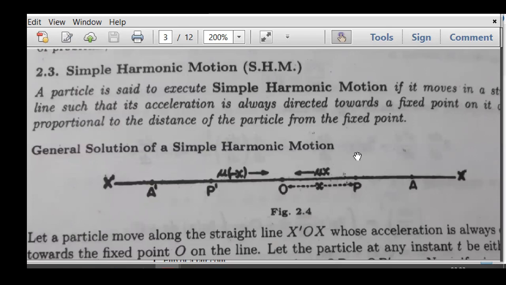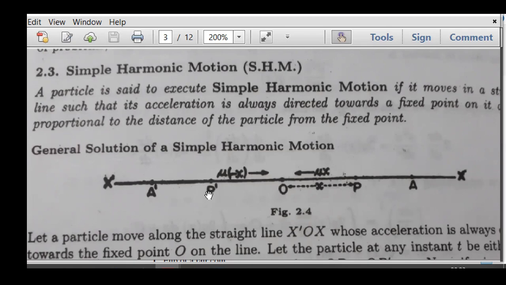A was the initial point from where it started moving. Whenever it was pulled towards O, its acceleration was going on increasing, quite obviously. As soon as it crosses O and moves towards the other side, it is pulled in the opposite direction, so its acceleration will go on decreasing, and after some time it will stop, and that point where it will stop is indicated as A dashed.